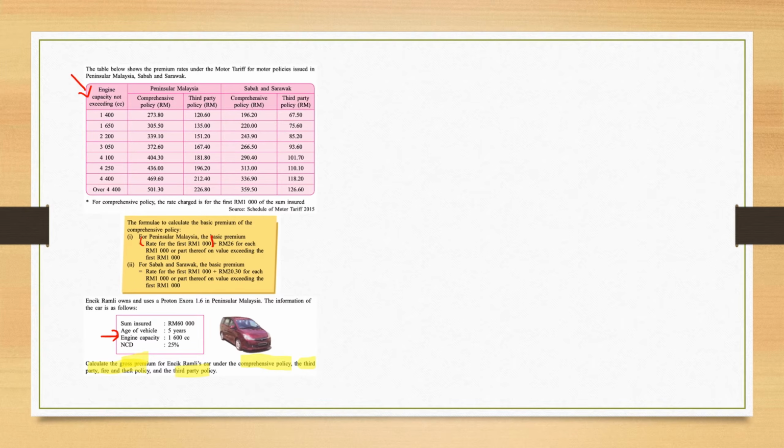All these figures you can think of as less than or equal to. So 1600 is less than 1650, so we take this figure right here. If instead of 1600 it is 2000, then we're going to take this scenario right here. Understand?